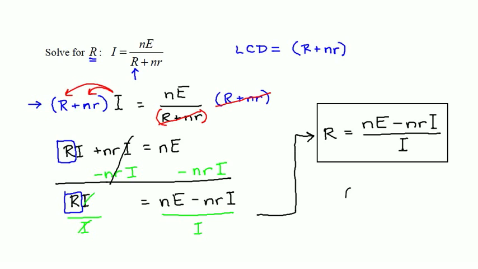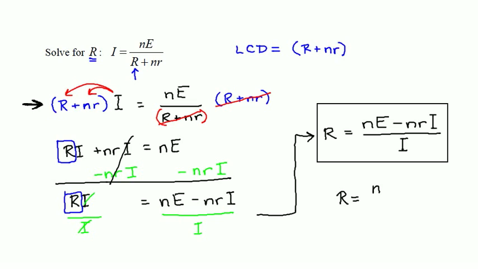Note that there are sometimes more than one form in which an answer can turn out and still be a correct answer. If I were to have followed a slightly different process, as I mentioned earlier, if at this stage here, when I had just cleared the denominators, if I had divided by I as my next step, I might have ended up with a correct answer that's not in this exact same form, and I can see that by just breaking this apart into two separate ratios.